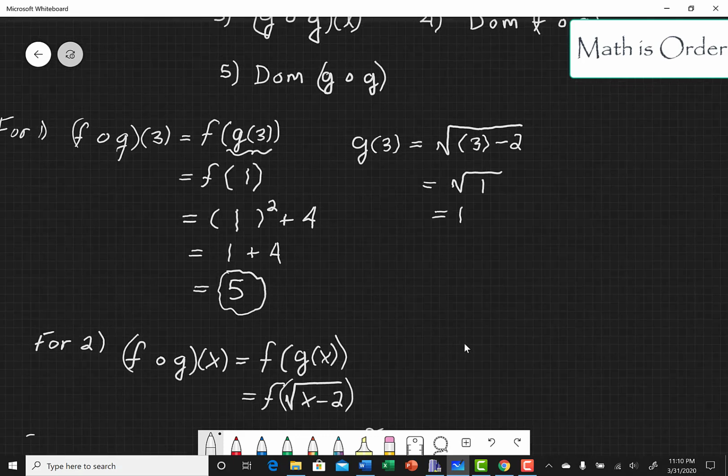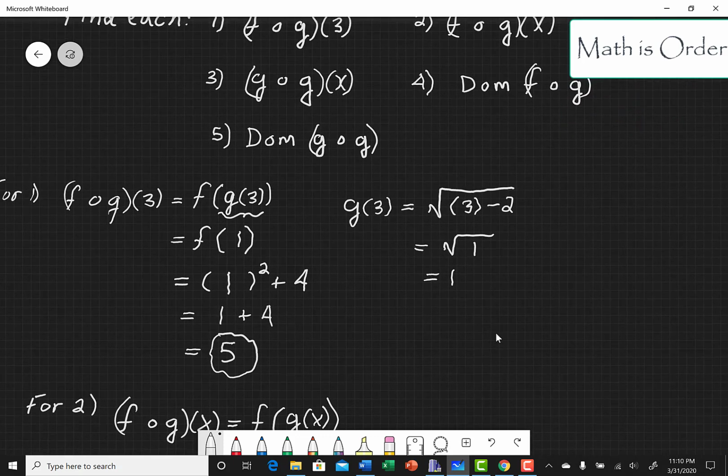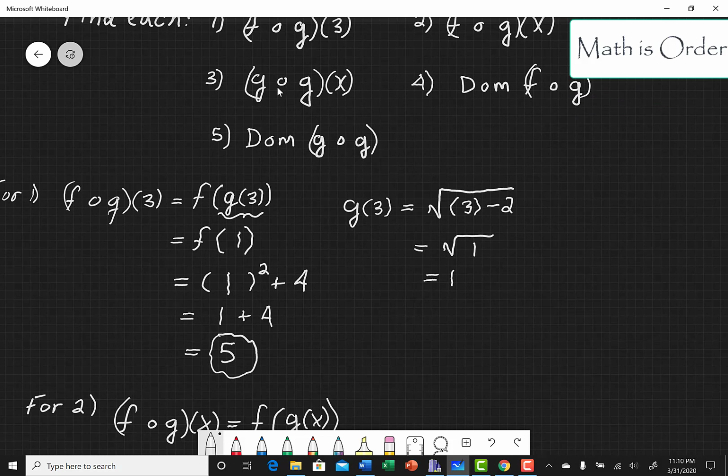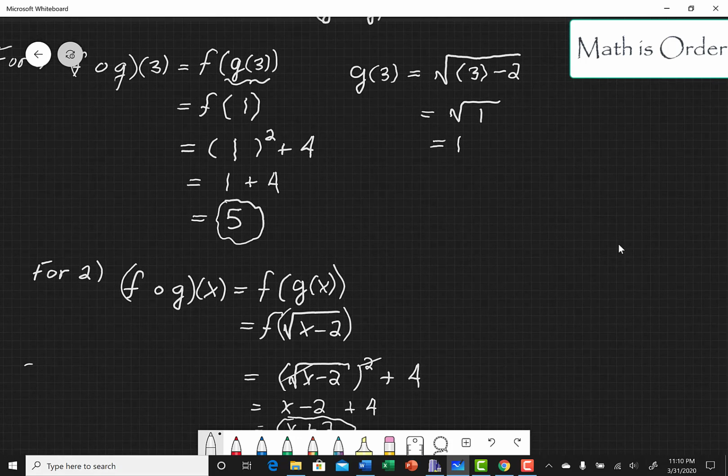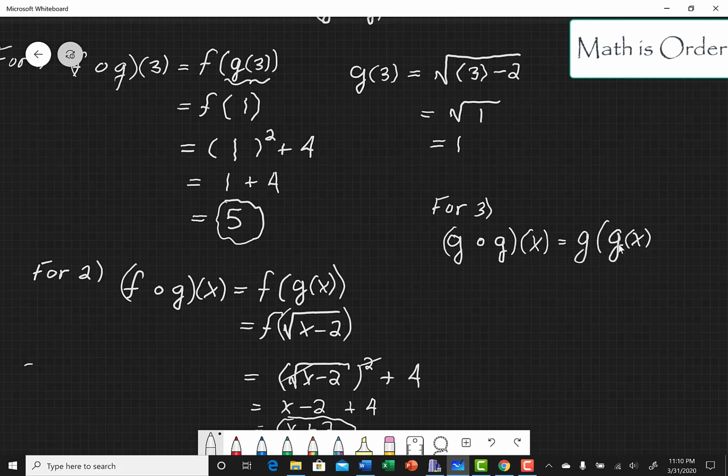All right, now let's move to number 3. In number 3, we're trying to evaluate g composed with g of x. And again, the first step is to go ahead and apply the definition of composition, which says this.